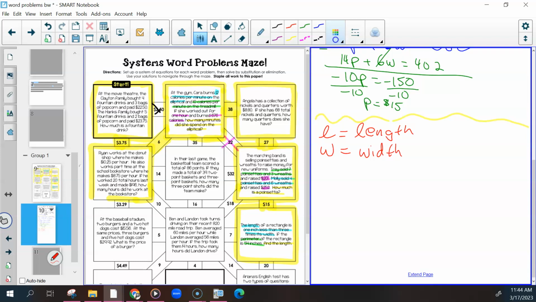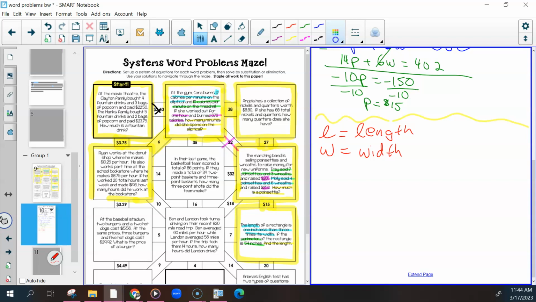So this may seem familiar because we did problems like this a while ago when we were first learning about word problems. So we were really learning about substitution without calling it that when we were doing this. So let's first set up the length equation. 1 inch less than 3 times the width.